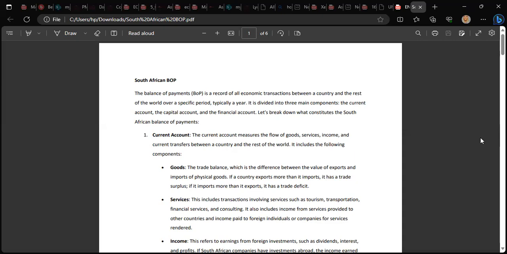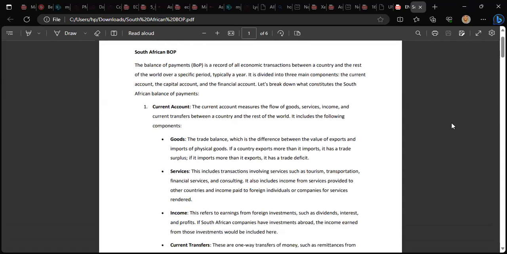All right, so I think you should know by now that if we are dealing with international finance, international basically means something that is beyond our borders, something that is not domestic. So it is our interaction with the rest of the world. Where is that interaction recorded?